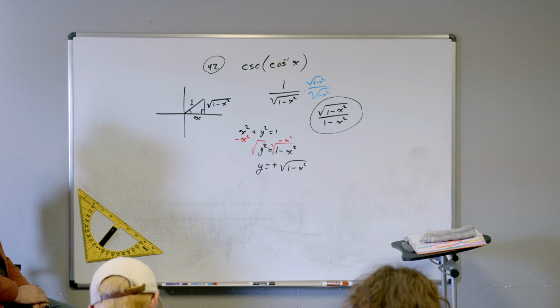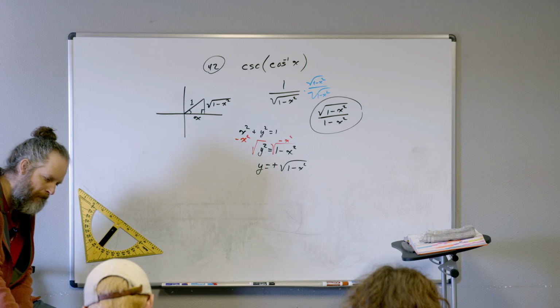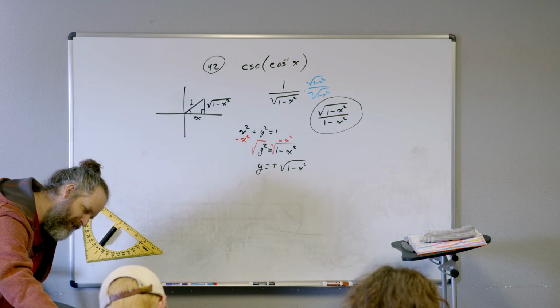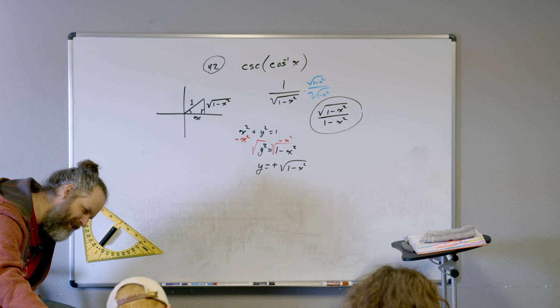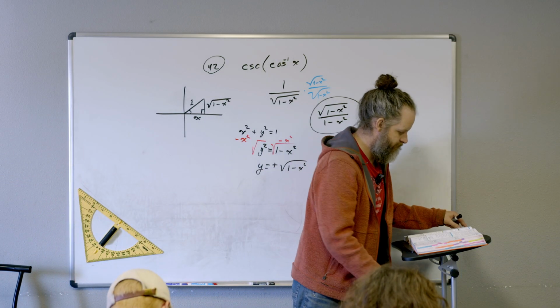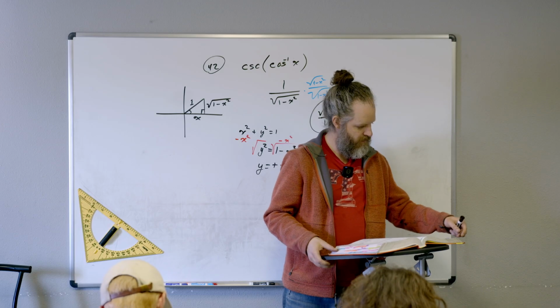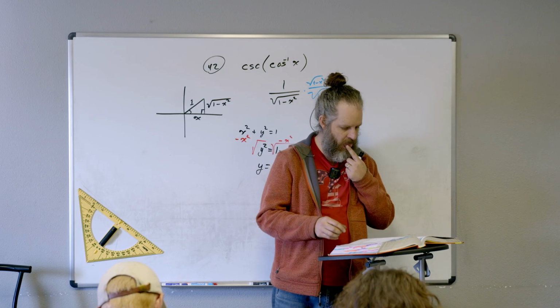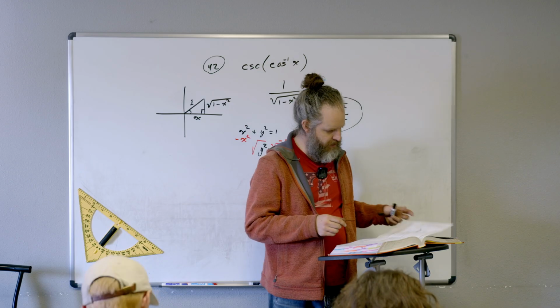The next lesson, when we get to the unit circle part. Whatever lesson that is, let me look at my book. I'll tell you what lesson it's in. 4.2. I thought it was 4.3, but I could be lying.